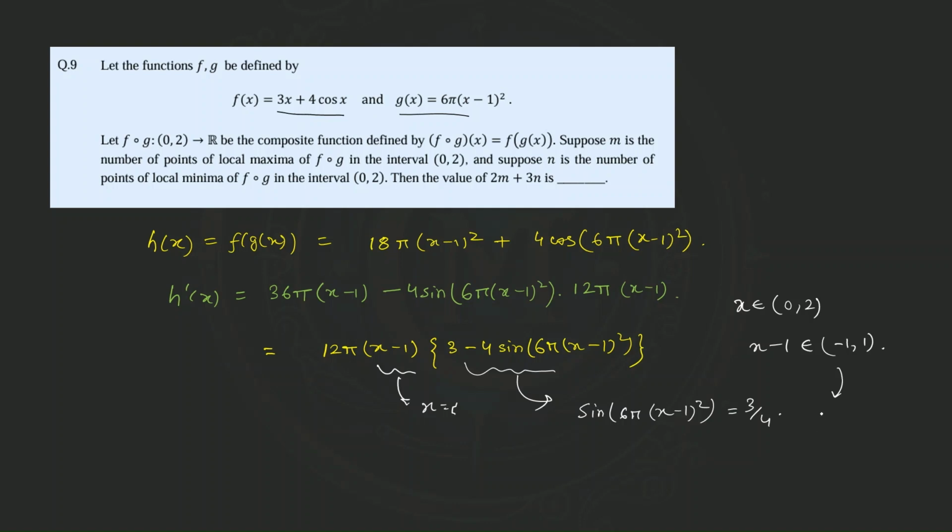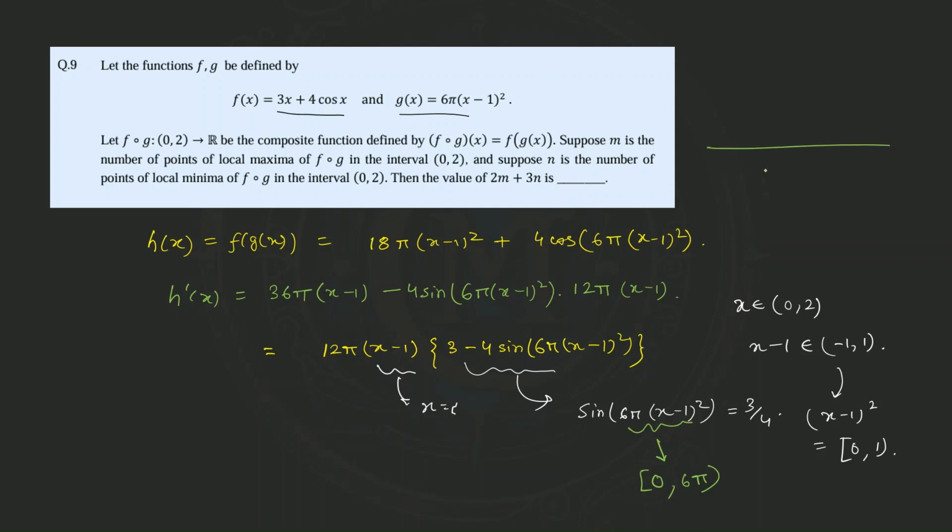So we can say (x minus 1) whole square will belong to the interval closed 0 to open 1, right? So this thing inside this sine function will vary from 0 to 6 pi, where 0 is closed and 6 pi is open, right? So we have to consider all the solutions that occur in closed 0 to 6 pi for this equation.